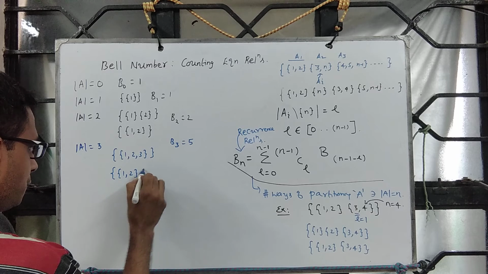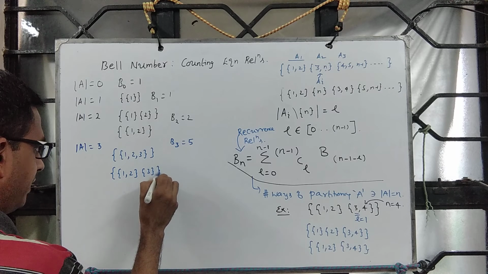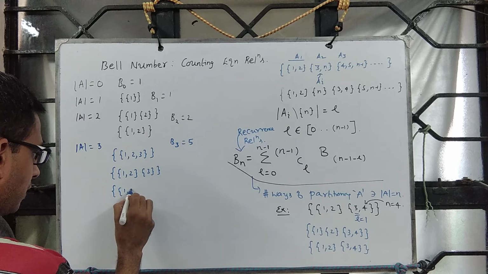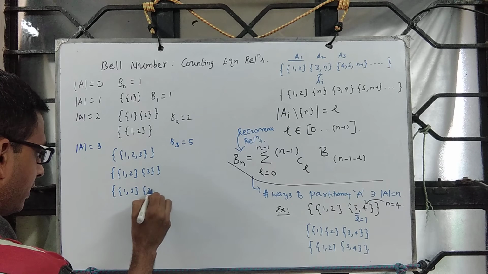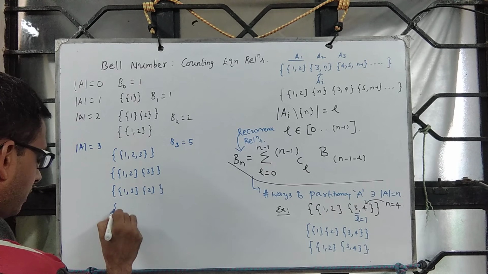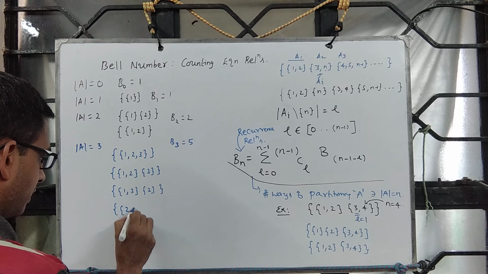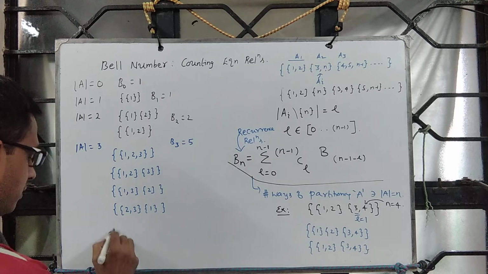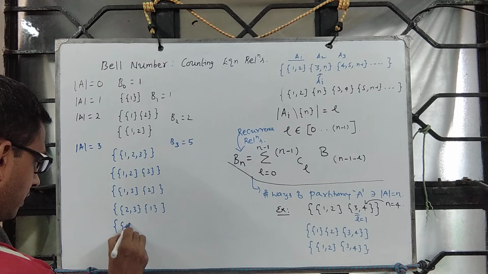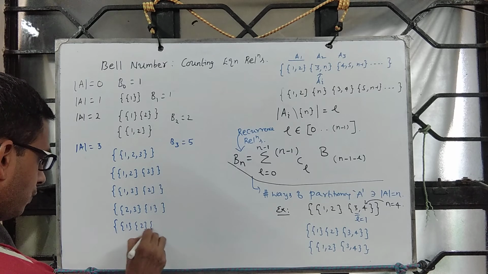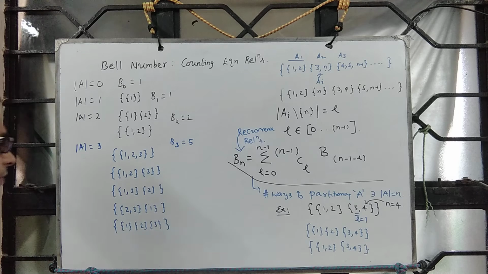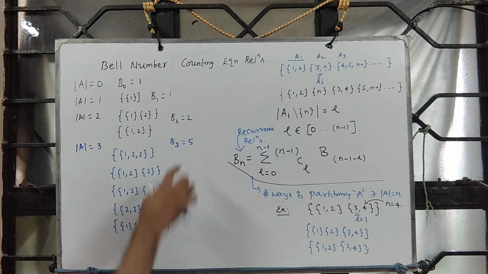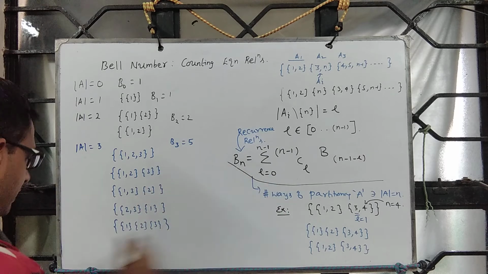Another partition is 1, 2 and 3. Another partition is 1, 3 and 2. Another partition is 2, 3 and 1. Then 1, 2, 3 together. So you get 5 of them, which you can always compute via this relation.